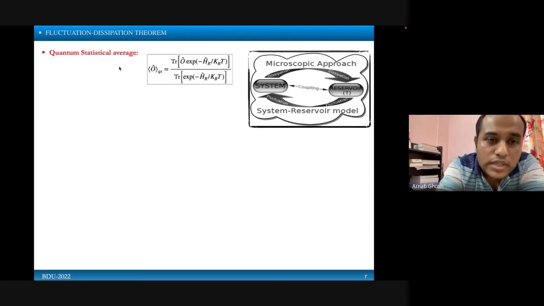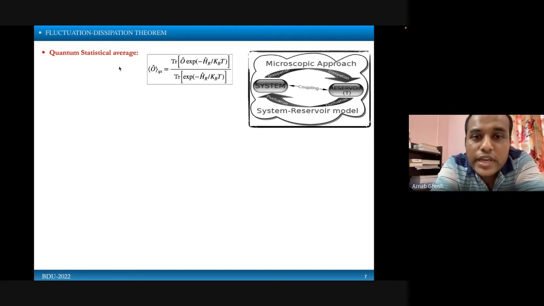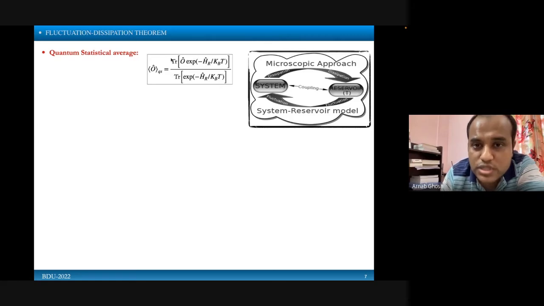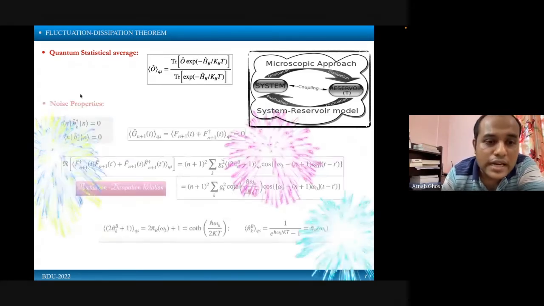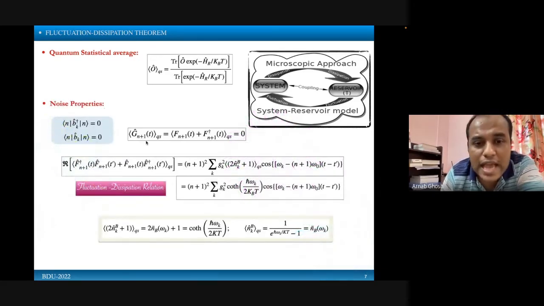So how to calculate the quantum statistical average of any bath operators? This is the standard definition, where H_R is the bath Hamiltonian at t equal to 0. If you use this definition, then one can calculate the noise properties, and the first moment is 0 because the noise operators f and f dagger involve only b_k and b_k dagger.